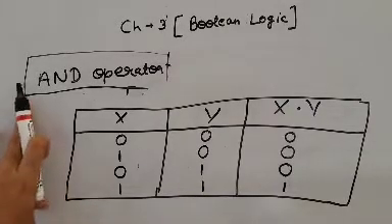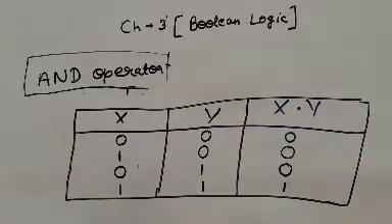Whenever you are using the AND operator, it produces output in only a single situation, when both your input terminals are positive, or we can say both input terminals are given 1, which is the true condition. In that case only you will get an output, otherwise you will get nothing on your output terminal.